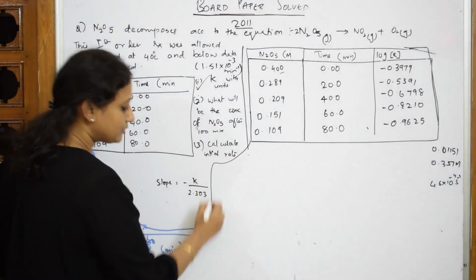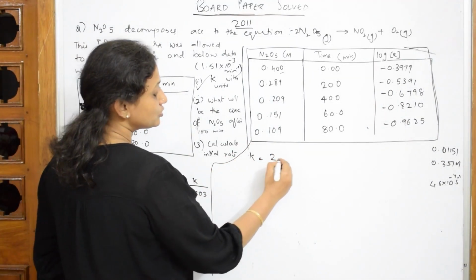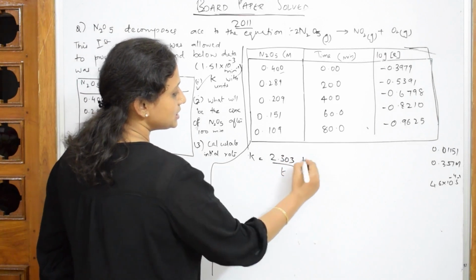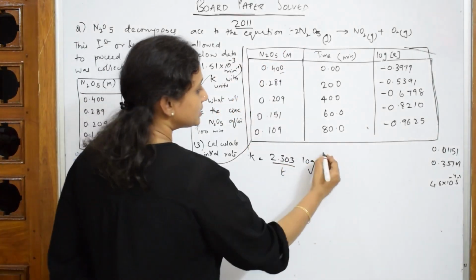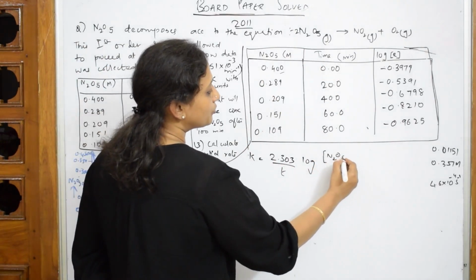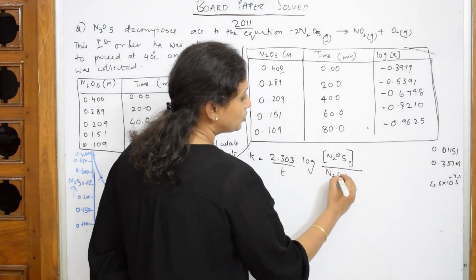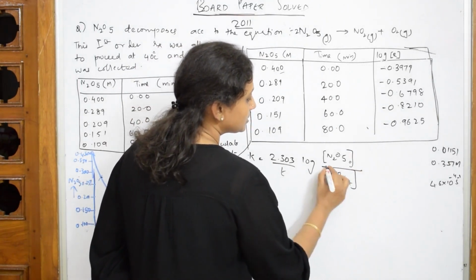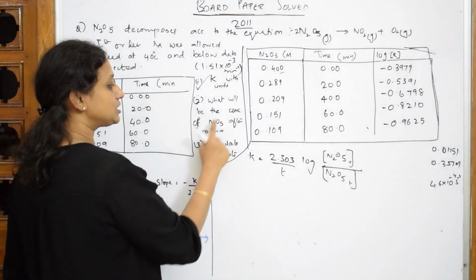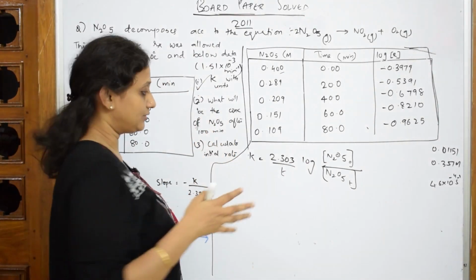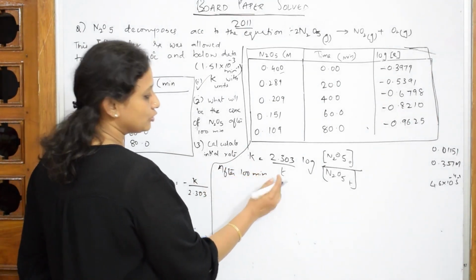What is the formula for first order? k is equal to 2.303 by t log of the initial concentration of N2O5 divided by N2O5 at time t. Now what should I find out? I have to find out the concentration of N2O5 after 100 minutes. So I am going to write that value of t here.